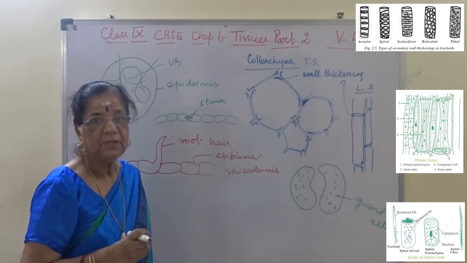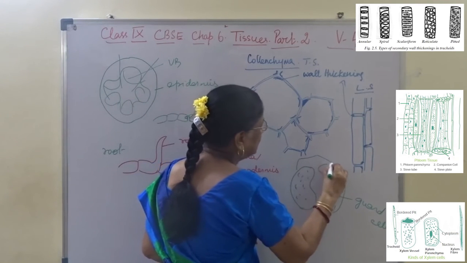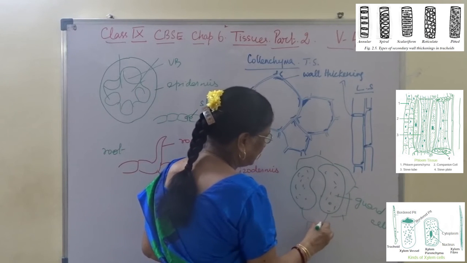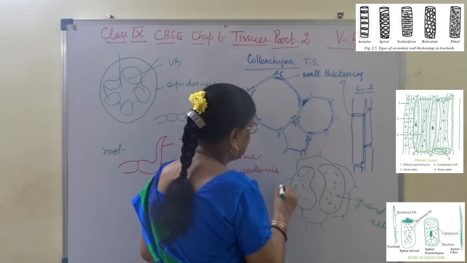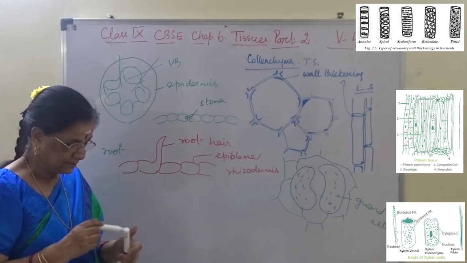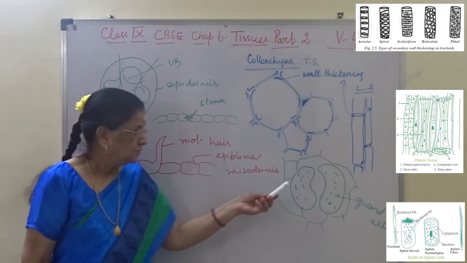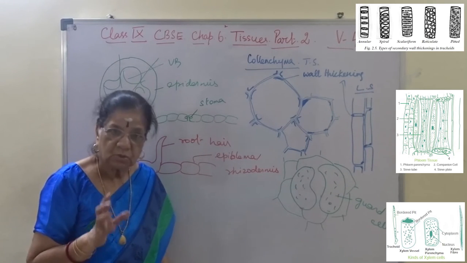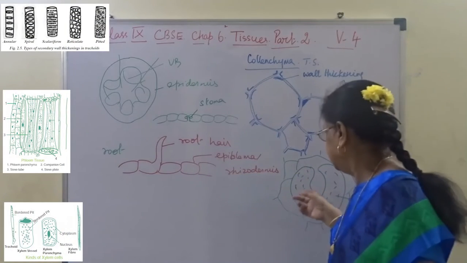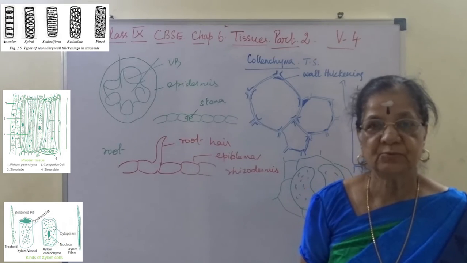The cells surrounding the guard cells are epidermal cells. The exchange of gases takes place through the stomata, through the opening and closing of the guard cells. What are the gases to be exchanged?